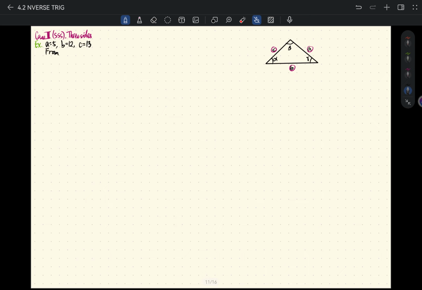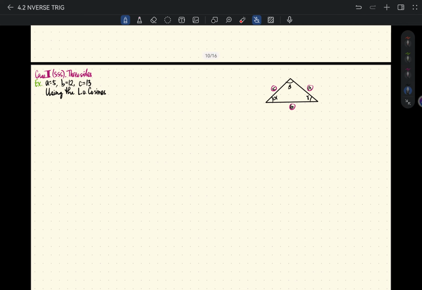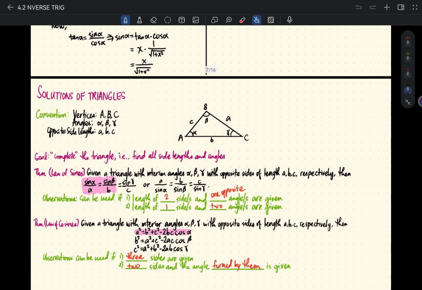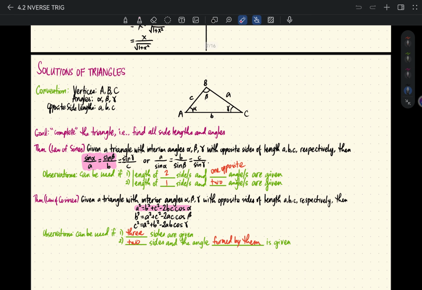So, using the law of cosines, again, what is the law of cosines? The law of cosines is telling you that the square of one side is equal to the sum of the squares of the other two sides minus twice the product of the two sides times cosine of the opposite angle of the original side.